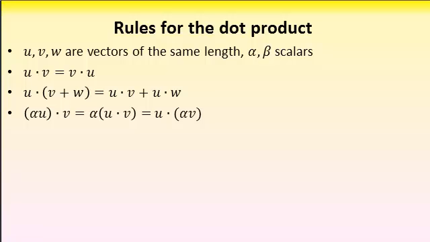The third equality simply says that the same thing works if I have a scalar on v instead of on u. Again, try to prove this and check in R that it is correct.